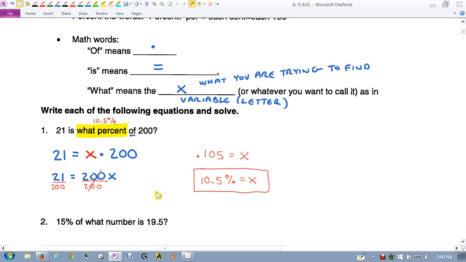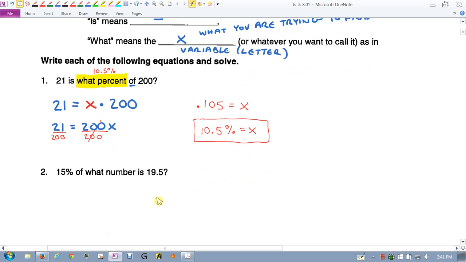What would 10% of 200 be? 20, right? So 21 should be a little bit more than 10%. Understand? So we always want to put our answer back in to see if it makes sense or not. If it doesn't, then there's something wrong. Let's try the next one.